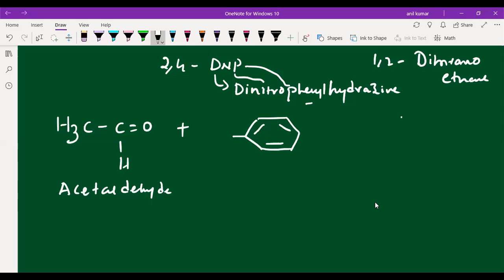What is the formula for hydrazine? NH2-NH2. This hydrazine will attach to the phenyl group. So I am attaching the hydrazine to the phenyl group, NH-NH2.